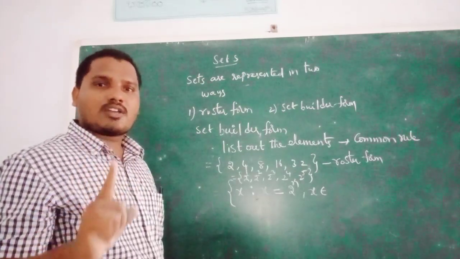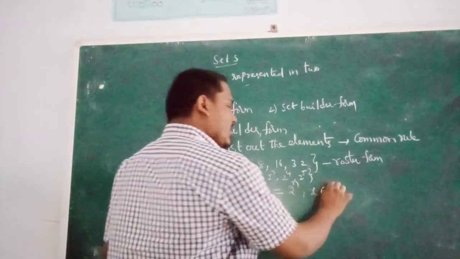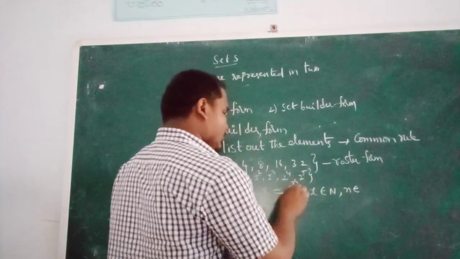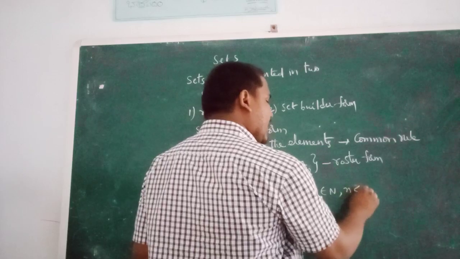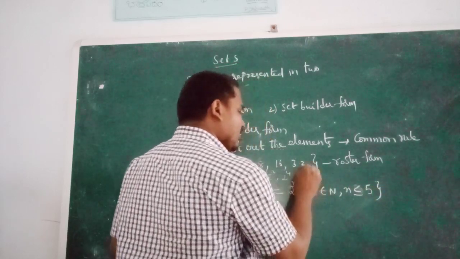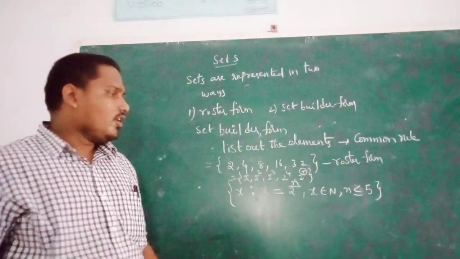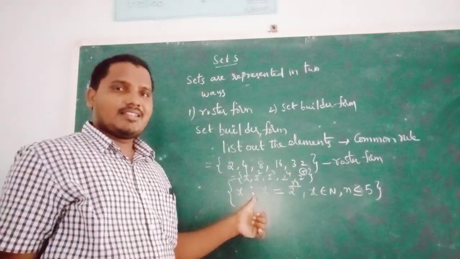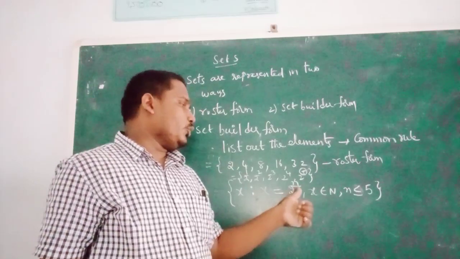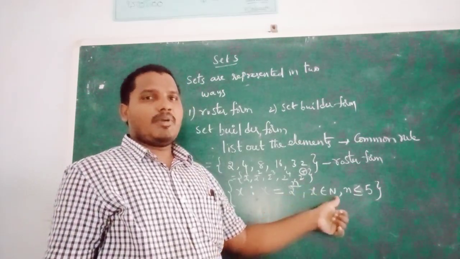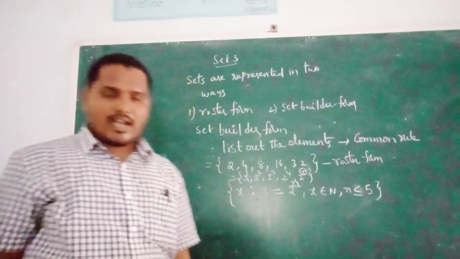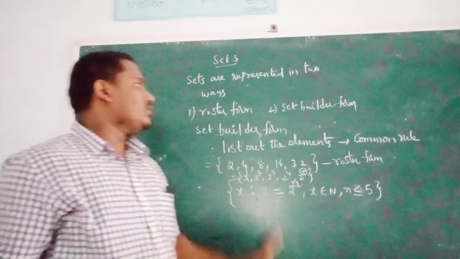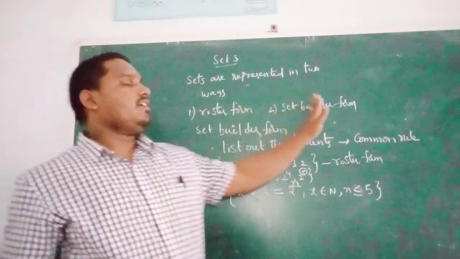Natural numbers start with 1, so n belongs to N, and n is less than or equal to 5. The highest value is 5. So, x such that x is equal to 2 to the power n, n belongs to N, n less than or equal to 5. This is roster form and set builder form.